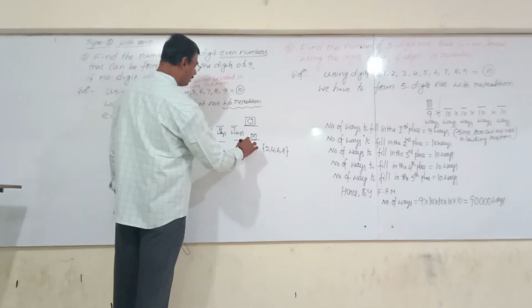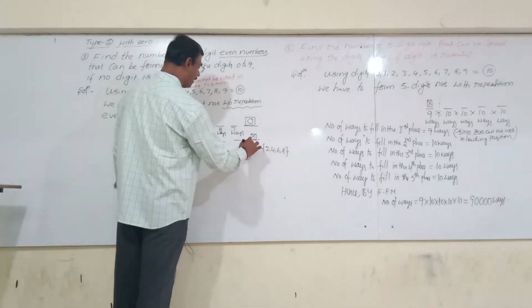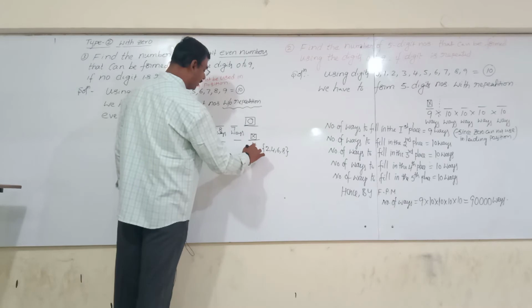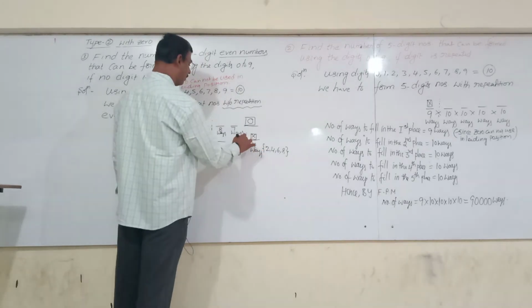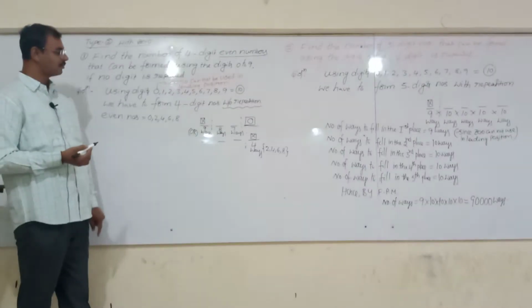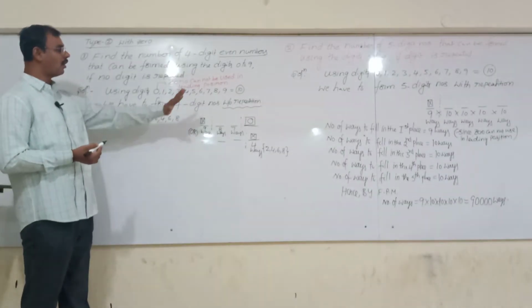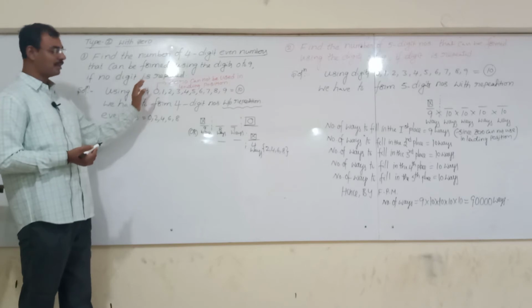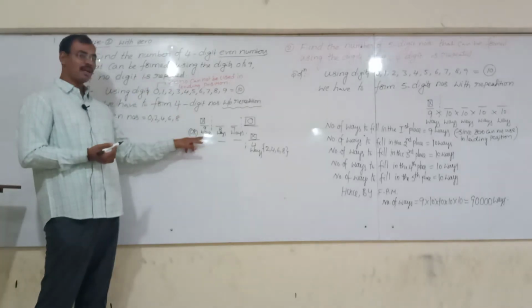I have to fill the unit place in 4 ways. Take a pause. Having satisfied this condition, one number has gone. Now how many are there? 9 are there. That means here 0 is allowed.